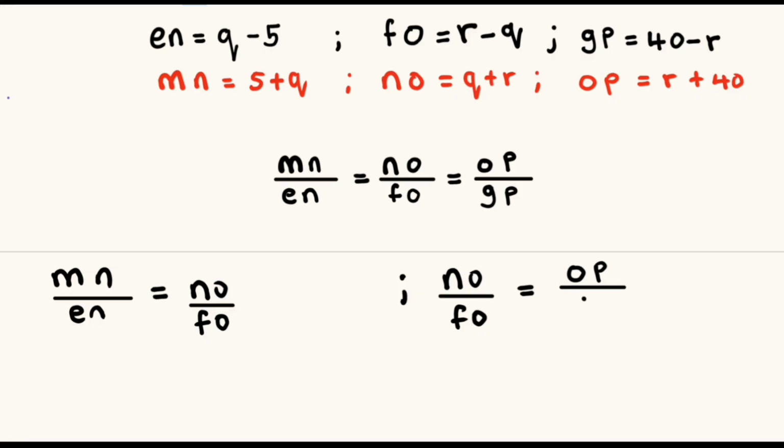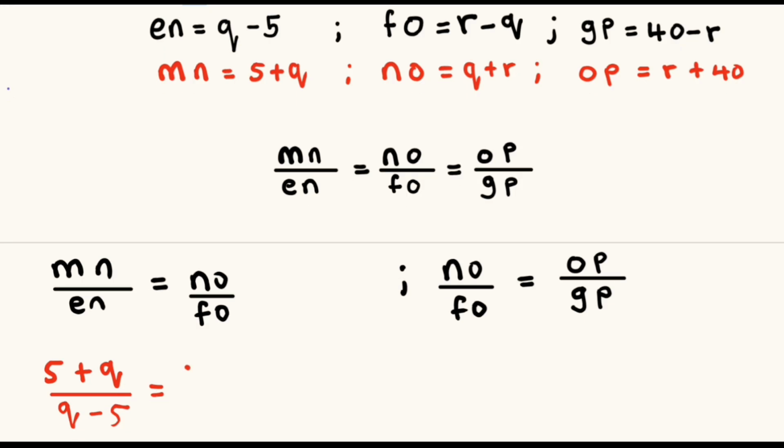divided by GP. So we determine that MN is equal to 5 plus q, and that EN is equal to q minus 5, and this is equal to NO, which we determined as q plus r, divided by FO, which we determined as r minus q.